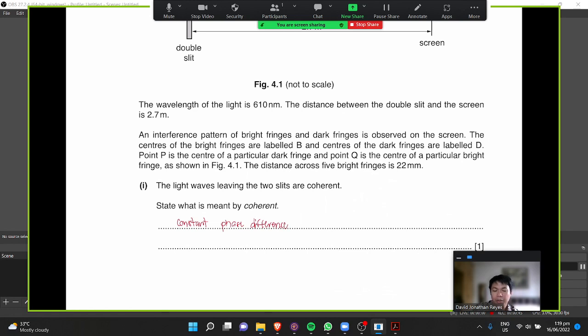It means that in order for the light to generate that interference pattern that we're looking for, both of the sources of the light, or both of the waves, should have a constant phase difference. It doesn't mean that their phase difference should be zero or 180 or whatever it is, but it just needs to be constant. As long as it's constant, you would generate that interference pattern that you are looking for. Okay, that's what coherent means.